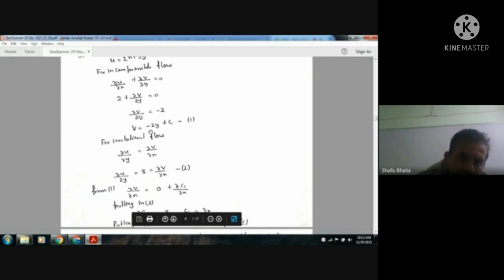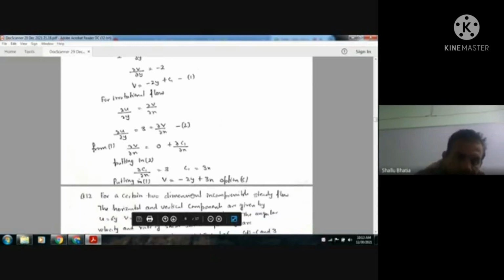Okay, now if we differentiate v with respect to x, then we get ∂v/∂x, and this constant differentiation is ∂c1/∂x. But ∂v/∂x is 3, so ∂c1/∂x is 3.